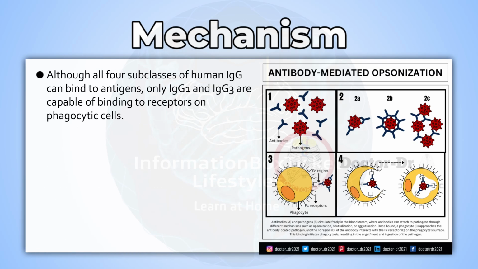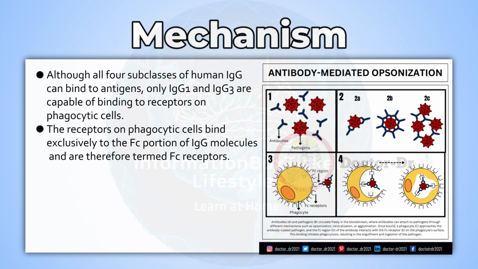Although all 4 subclasses of human immunoglobulin G can bind to antigens, only immunoglobulin G1 and immunoglobulin G3 are capable of binding to receptors on phagocytic cells. The receptors on phagocytic cells bind exclusively to the Fc portion of immunoglobulin G molecules and are therefore termed Fc receptors.